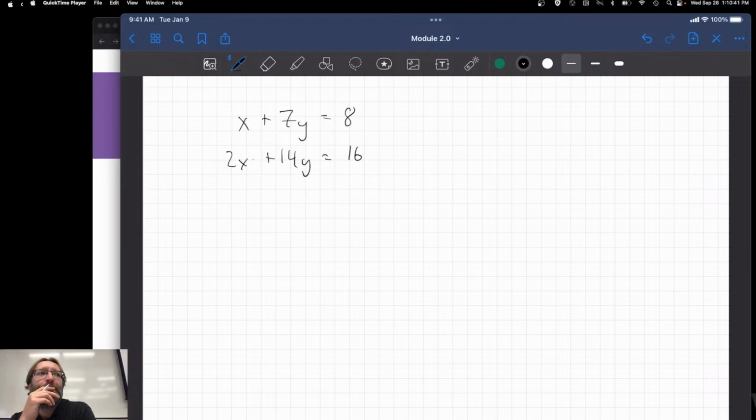Solve this system. All right, so Gaussian elimination, let's get rid of this thing right here. Twice this line subtracted from this line is going to be what? Yep. So what are we going to get? 0 is equal to 0. It's indeterminate.